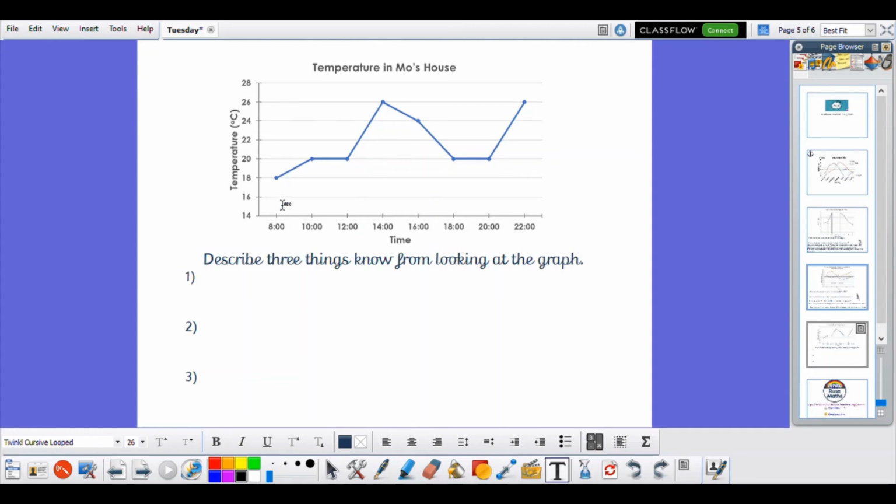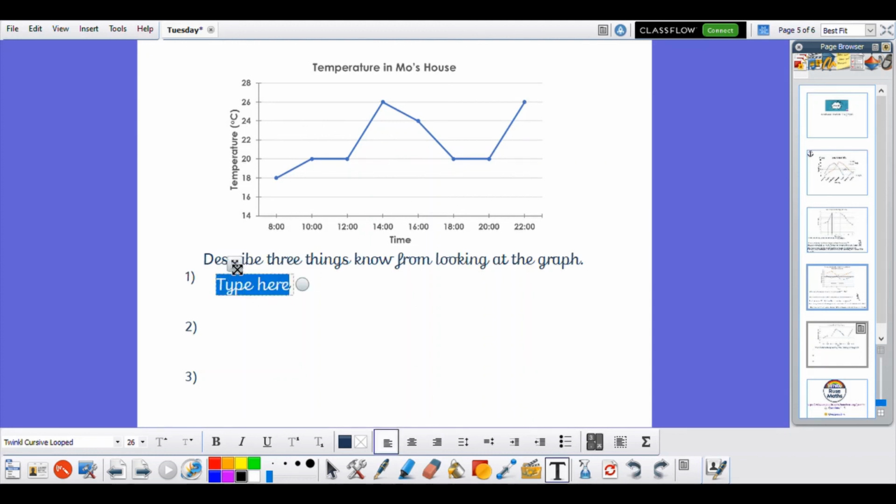So what I can see is when I look at 8 o'clock, the temperature starts to rise up until about 2 o'clock when the temperature starts to decrease again. Then it remains flat, so it stays the same for 2 hours, and then the temperature starts to increase again.